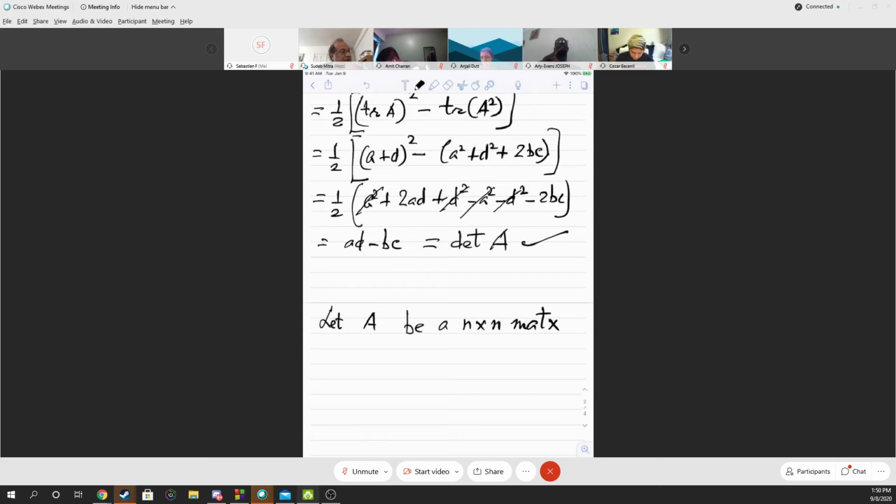First we need to introduce some definitions and notations. A11 through A1n, A21 through A2n, AN1 through ANN.